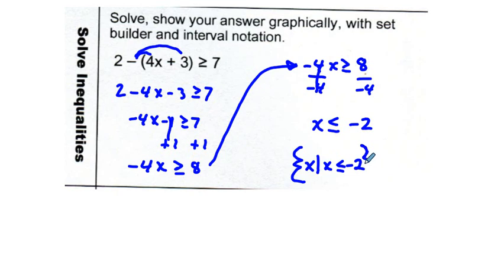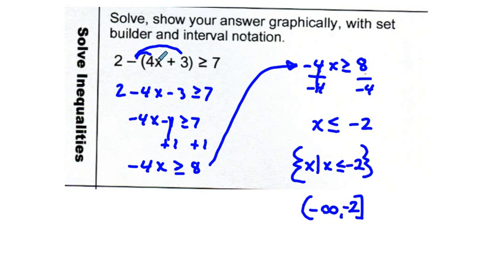and then interval notation is from negative infinity to less than or equal to negative 2. It's going to be a bracket. Now I want to do one last thing, because if this is correct, then I'm going to test one to make sure that it's right. I'm going to try 0.